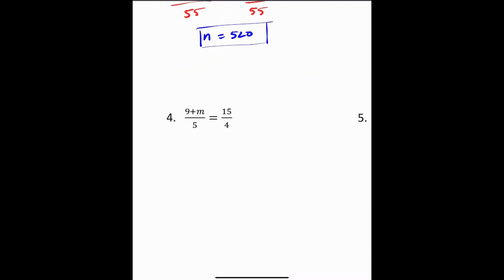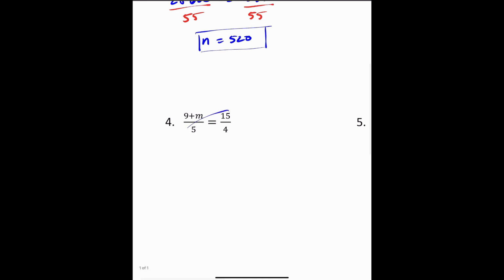Number 4, I have 9 plus m divided by 5 equals 15 divided by 4. I'm going to cross multiply. So I have 5 times 15 equals 4 times the quantity of 9 plus m. So when you have a number multiplied by a binomial here, we need to make sure that we have parentheses around the binomial. Okay, so 5 times 15 is 75.